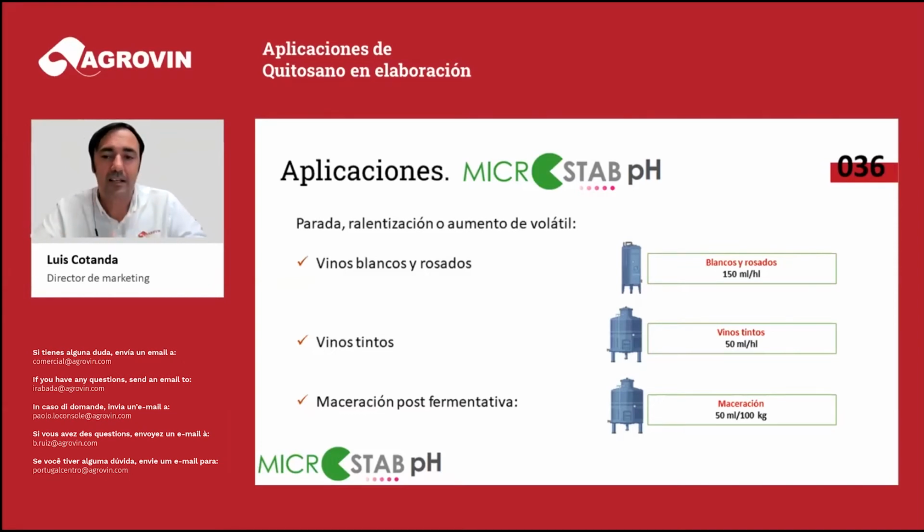So if we have been using chitosan in maceration or in must to prevent the development of microorganisms, in the case of having some stuck or sluggish fermentations, the populations of microorganisms are not going to be high enough to have an immediate problem.